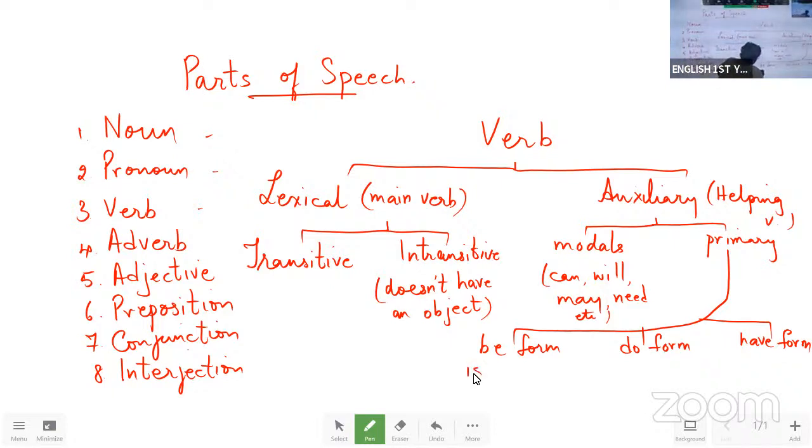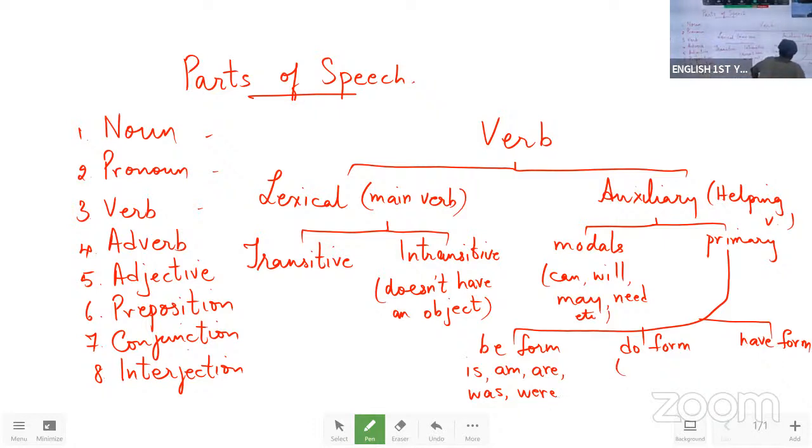It is is, am, are, was, were. Is is singular, are is plural present tense, am is used with I only, was is past tense singular, were is plural.